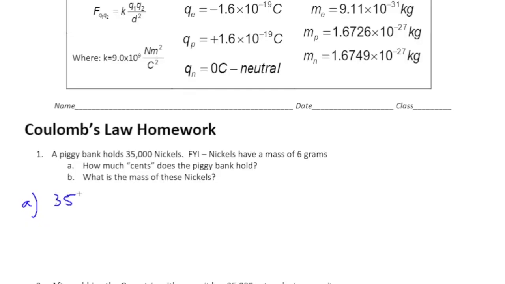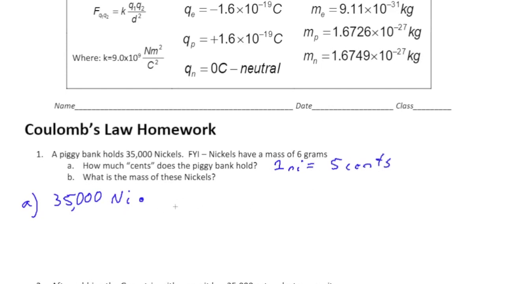So if we have 35,000 nickels, we're going to say we have 35,000 nickels times, and we want to figure out how many cents this piggy bank has. Well, in order to do that, we need to figure out how many cents is 1 nickel. Well, 1 nickel is equal to 5 cents.